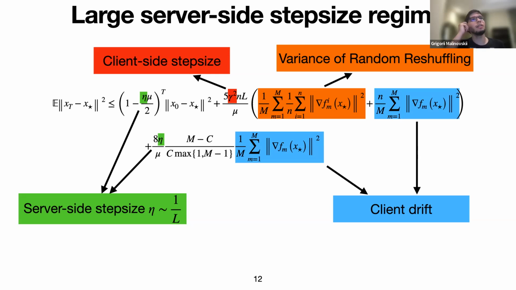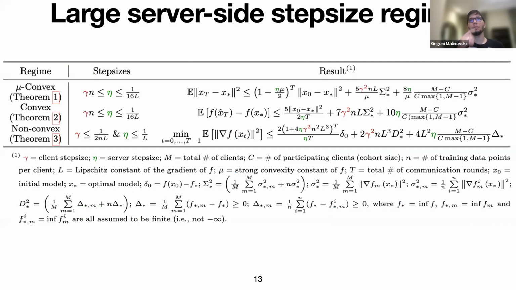So, and in this case, using a large server step size might be hurtful for us. I mean, hurtful in terms of complexity. So, and this means that we need to consider our options, and I will go on to do it right now.